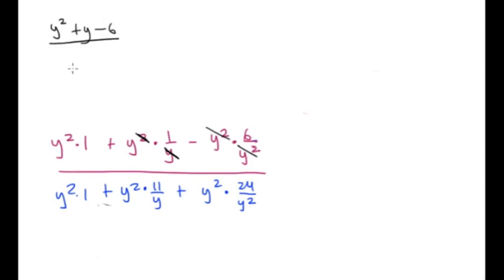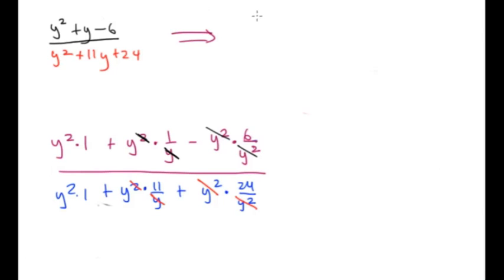So now the denominator here, y squared times 1 is just y squared, plus this power cancels with that, and we're just left with a y again, but we're multiplying that y by 11, so it's 11y. This y squared cancels with this y squared completely, and we're just left with a positive 24. So now we have this much more digestible fraction that we can actually simplify.